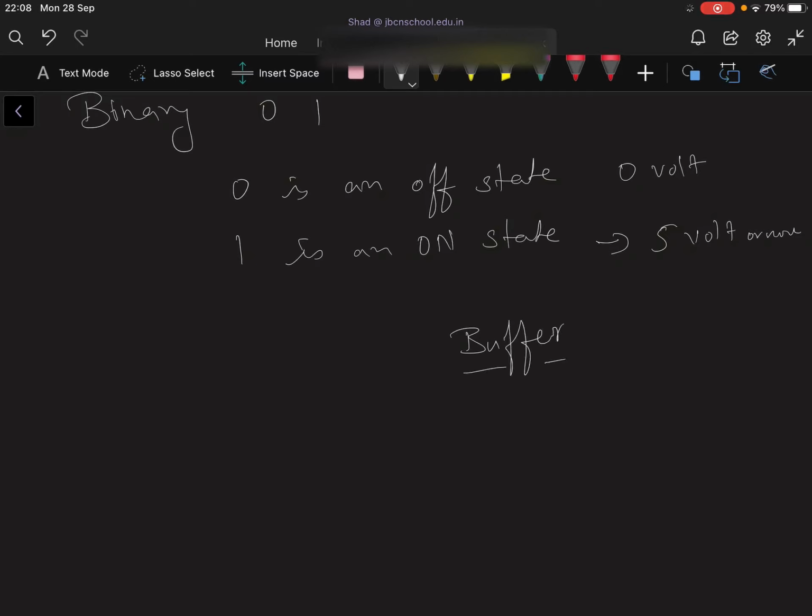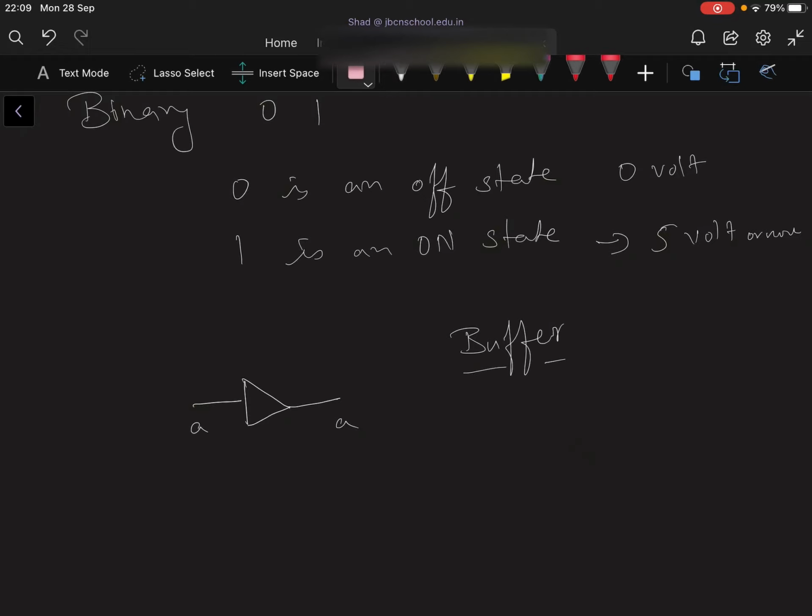So a buffer also is similar to the NOT, except a little change in there. So what the buffer has is, okay, so buffer, if its input is A, the output is also A, there is no change because its in and out is the same thing.